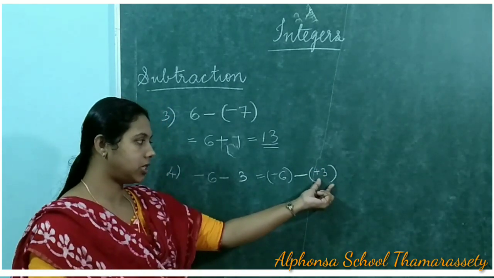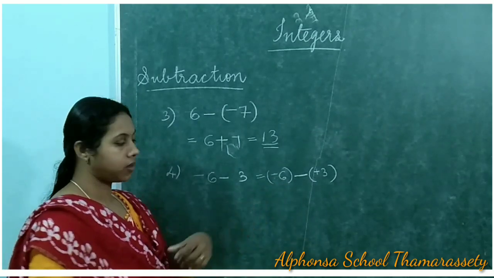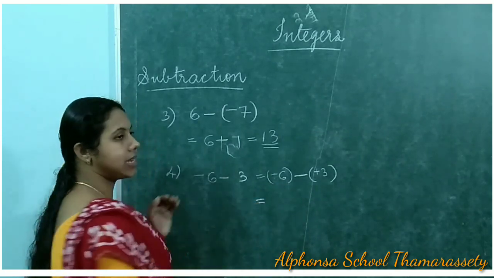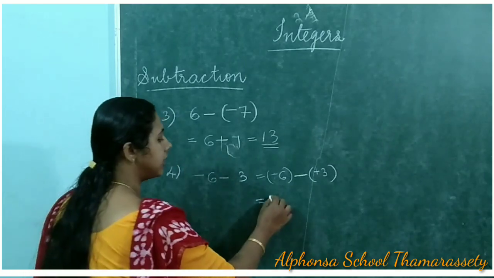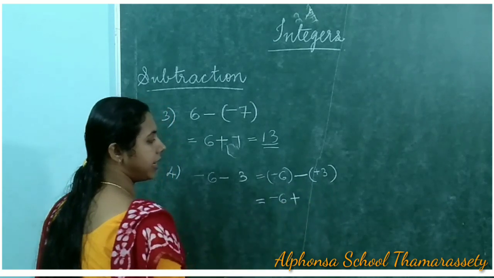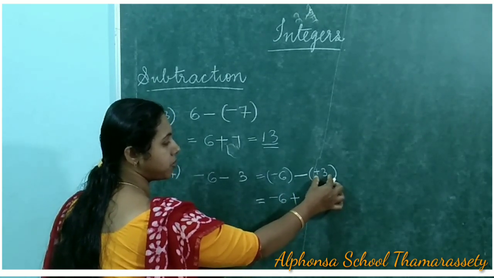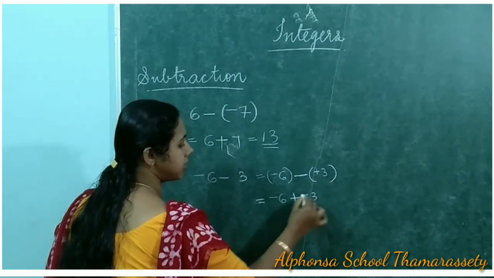Now we can apply the rule. We change subtraction to addition. Then it will be minus 6, subtraction changes to addition, and the additive inverse of positive 3 is minus 3.